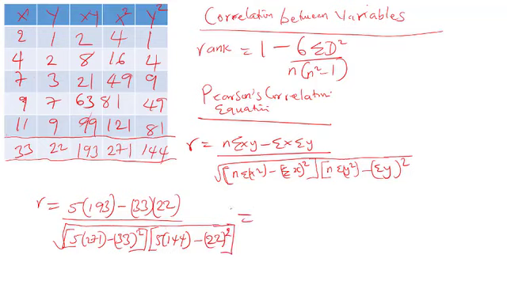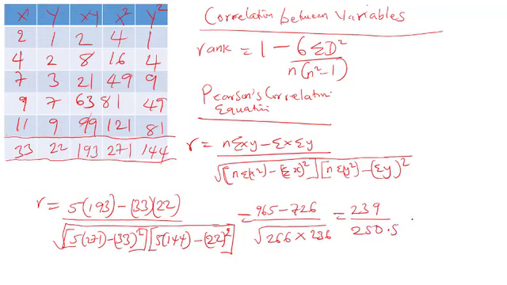So this is equal to 965 minus 726, all over the square root of 266 times 236, which is equal to 239 over 250.55, and our final answer is 0.9539.